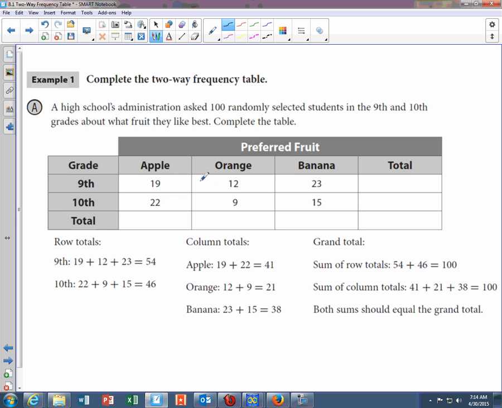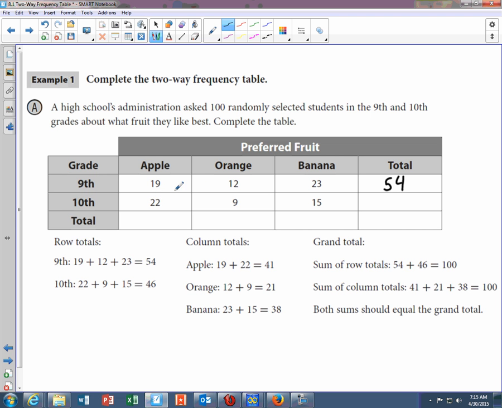So, how you read this is, okay, 19 kids chose Apple and are in the ninth grade. 12 kids chose orange and are in the ninth grade, and so on and so on. Now, this total column and this total row just add up everything. So 19 plus 12 plus 23 is 54.